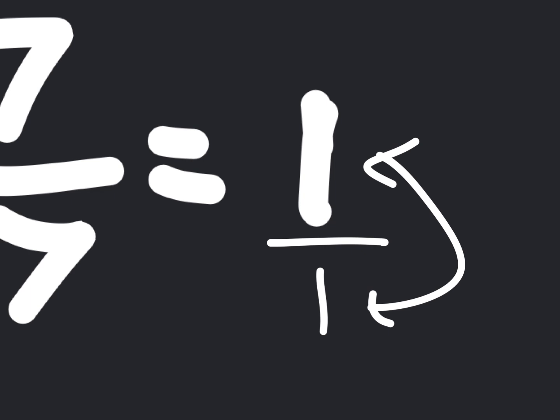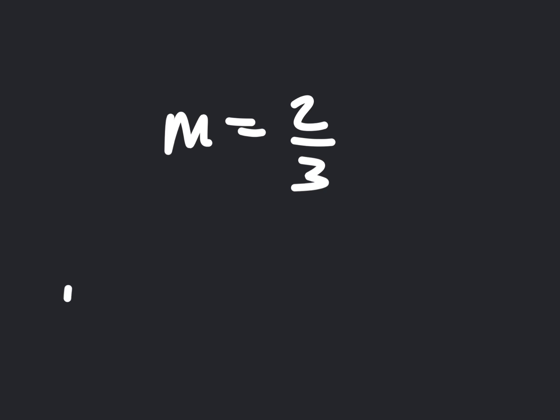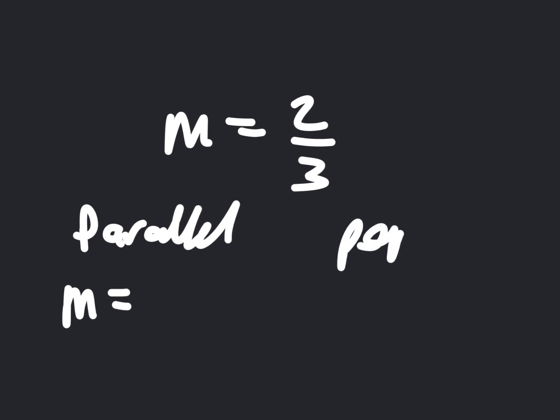It's the only number that, if you flip it over, is exactly the same. So we probably wouldn't give you that number for a slope being parallel or slope being perpendicular problem. So here's a slope that's fairly simple, 2/3. That's got a rise of 2 and a run of 3. What slope would you want for parallel? Don't say it, just write it. And what slope would you want for perpendicular?